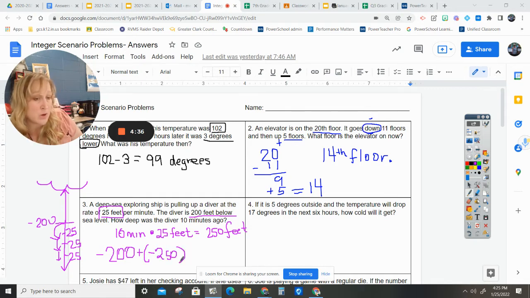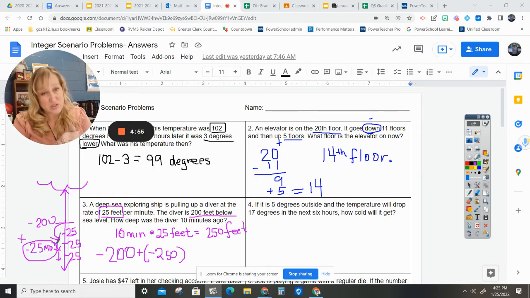Now, your brain might not work like mine. My picture makes it make sense. So I'm doing 200 plus the negative 25 times 10. That's the number sentence that I'm using, okay?